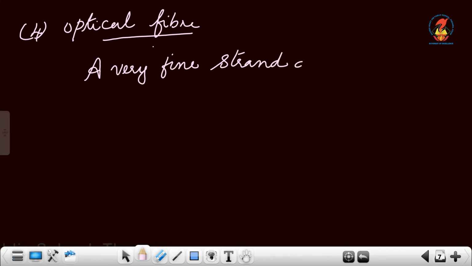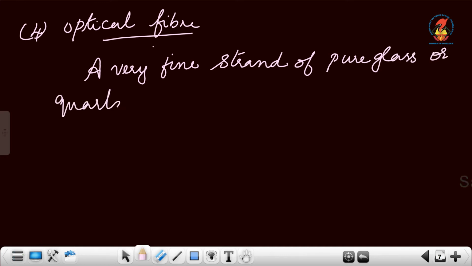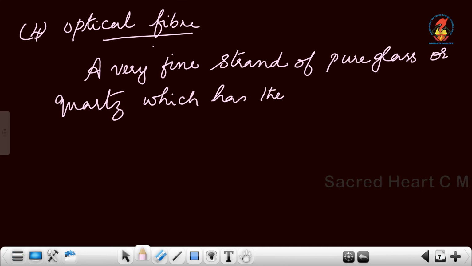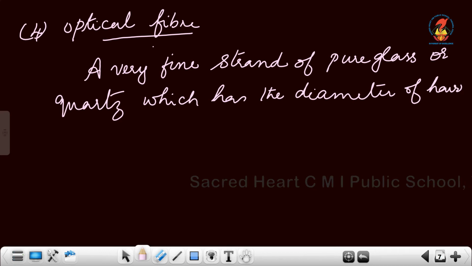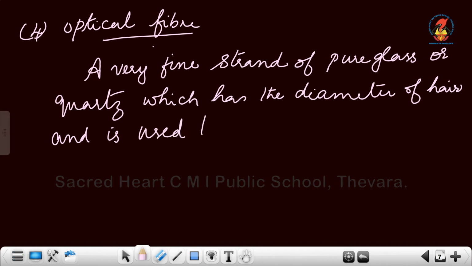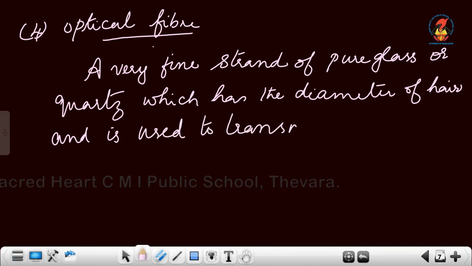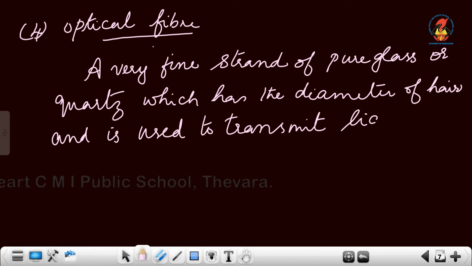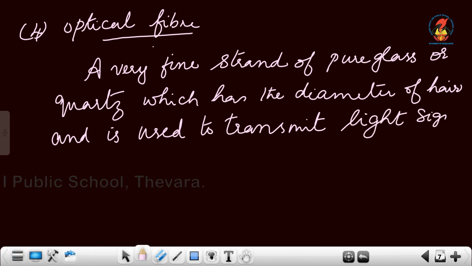strand of pure glass or quartz which has the diameter of hair and is used to transmit light signals to a very long distance.